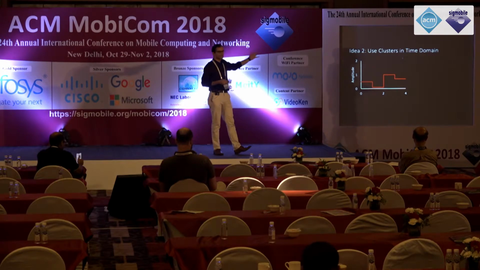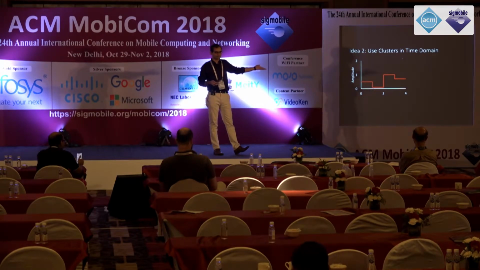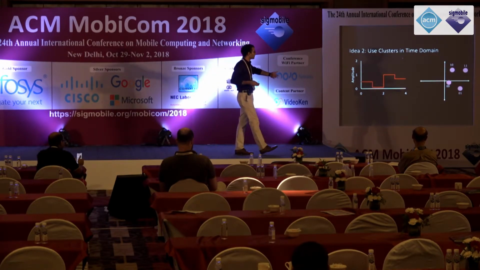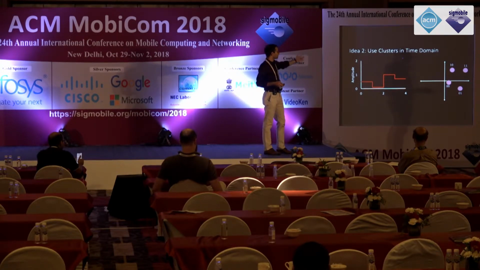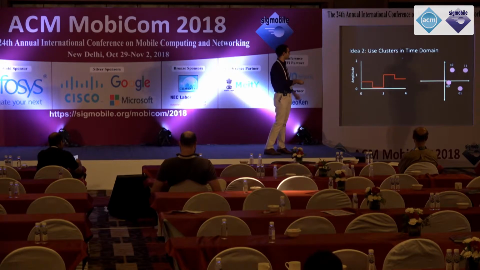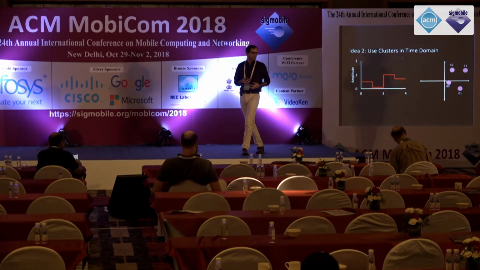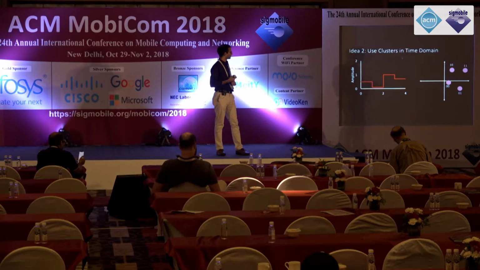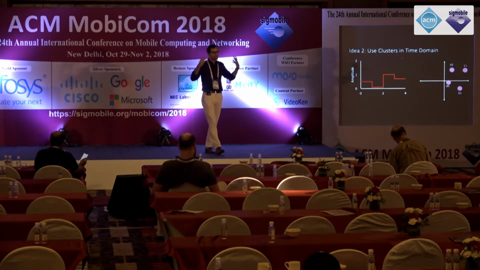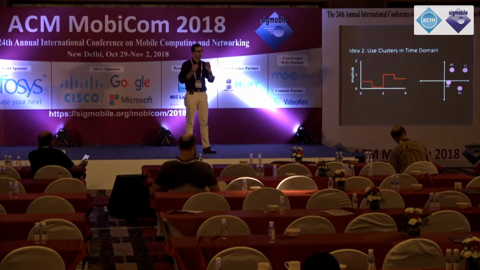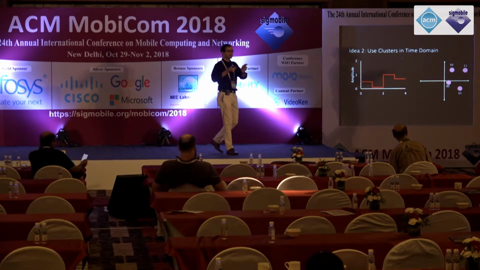They collide, and the collective signal looks something like this. But if you look at it in the complex space, you get 4 clusters, and each of them corresponds to a different state of the network. If the two tags are transmitting 0 and 0, you get this cluster on the bottom left. If they're transmitting 1 and 1, you get this one on the bottom right, and then you get something in the middle, depending on what the tags are transmitting. This is the high-level idea of how you would identify multiple tags transmitting at the same time.